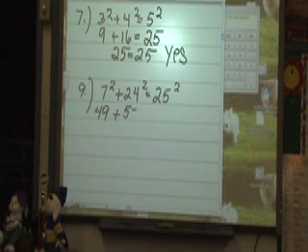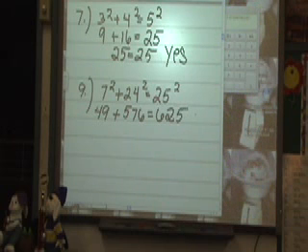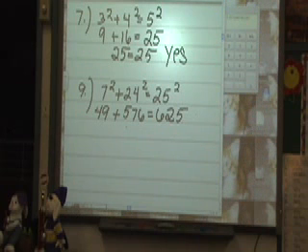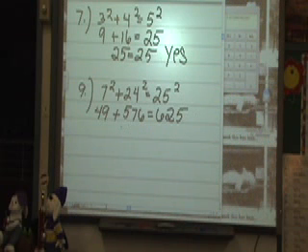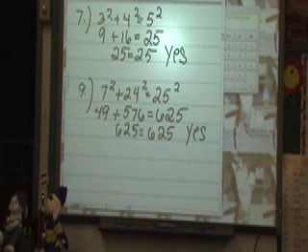And 25 squared? Did you get something yet? 625. Now take 49 and add it to 576. What do you get? So what are you going to say? 625. And what are you going to finish with? Yes.